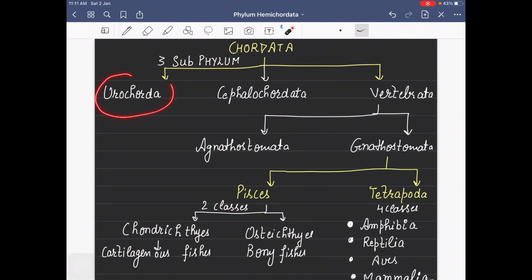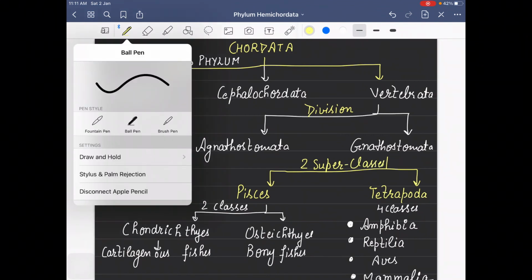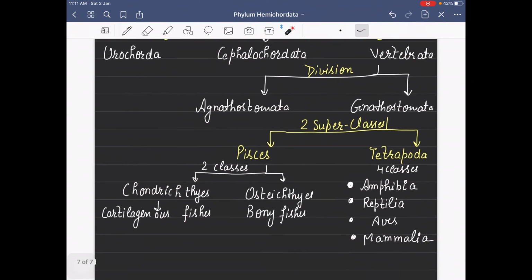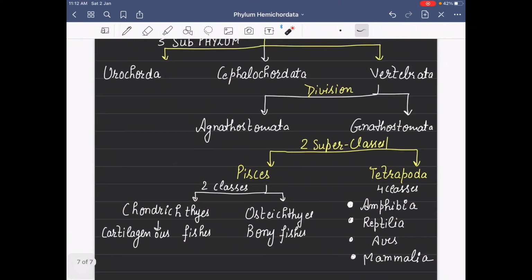So Urochordata, Cephalochordata, Vertebrata, these three are subphylums. Then Vertebrata is divided into two divisions, Agnathostomata and Gnathostomata. Two superclasses, Pisces and Tetrapoda, that is fins as well as limbs. Now Pisces is further divided into two main classes, Chondrichthyes and Osteichthyes.